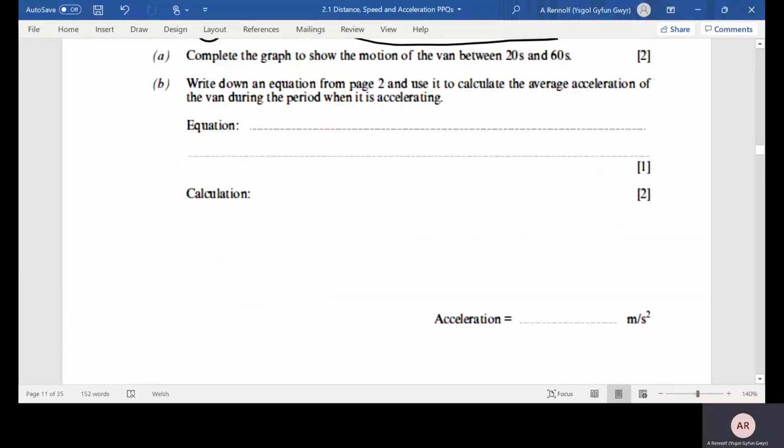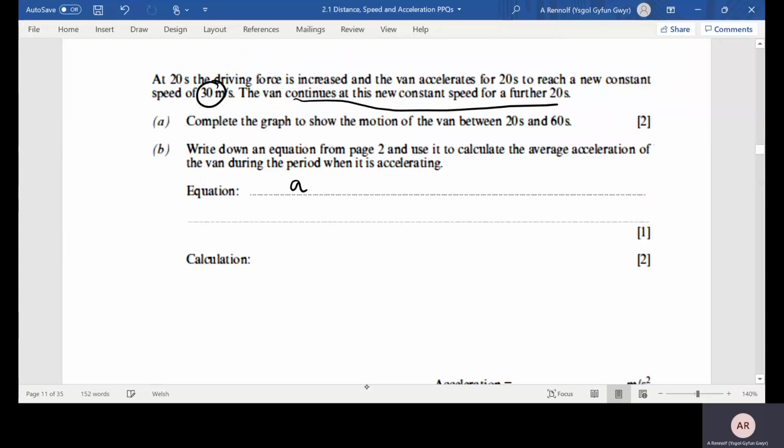Write down an equation from page 2 and use it to calculate the average acceleration of the van during the period of when it's accelerating. The equation that we're going to use is A equals delta V over T. Acceleration is change in speed over time. Our change in speed here, we've gone from 20 to 30, so the change is 10.